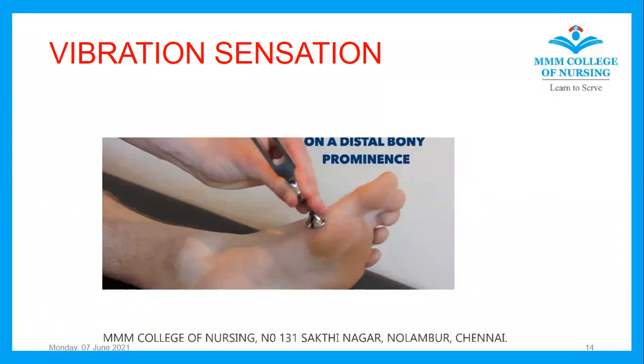We have to progressively go from lower to upper: first the interphalangeal joint, if not the metatarsophalangeal joint of the big toe, then the ankle joint, then the knee joint. Thereby we can identify till where the patient has developed loss of sensation. For that, we do this vibration sensation test.